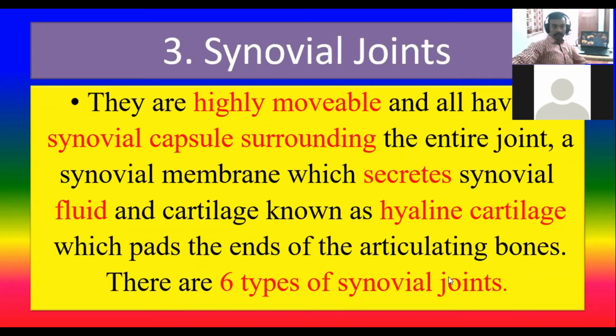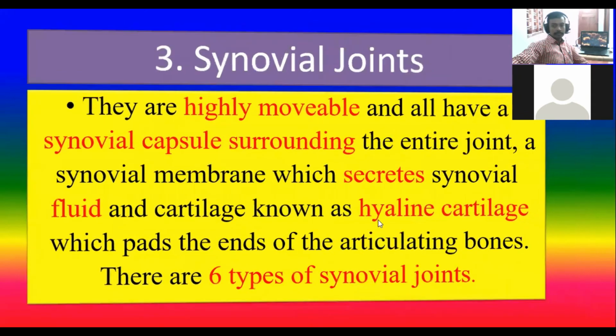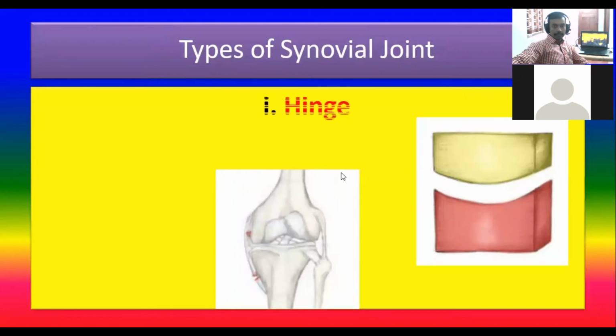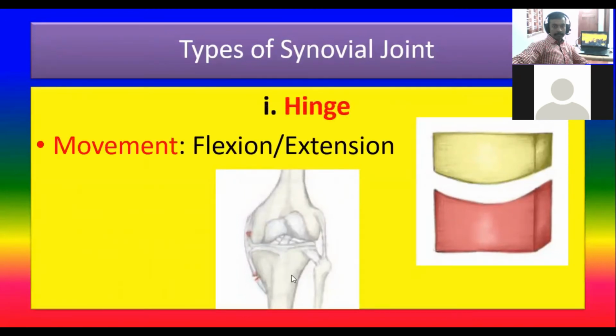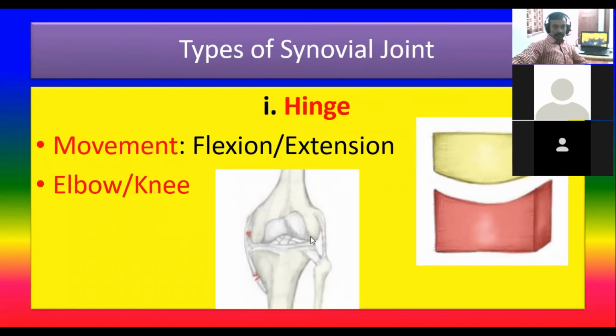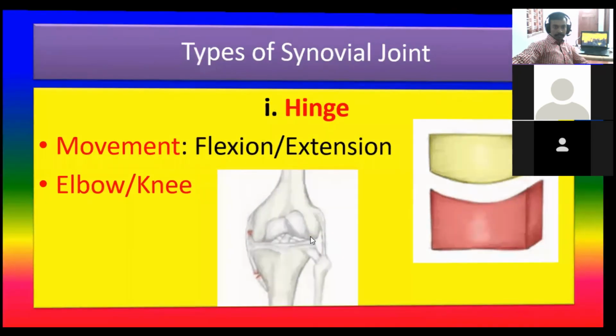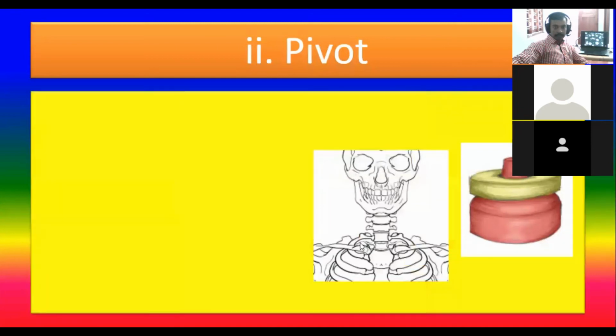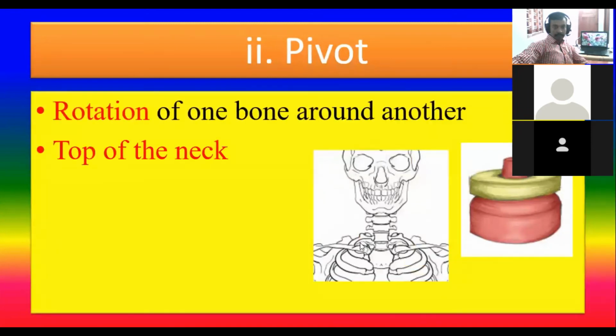There are 6 types of synovial joints. Hinge: look at this, movements are flexion and extension. Example, the elbow joint, knee, etc. Then pivot: rotation of one bone around another.